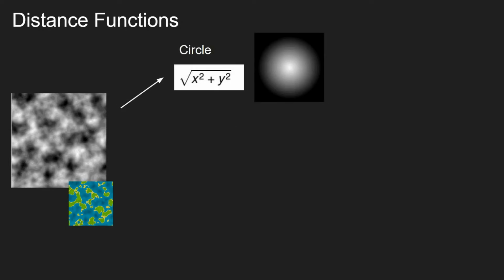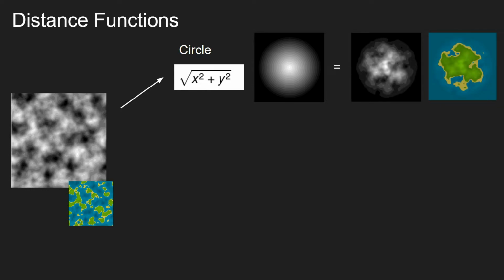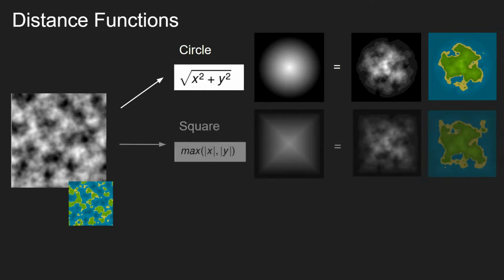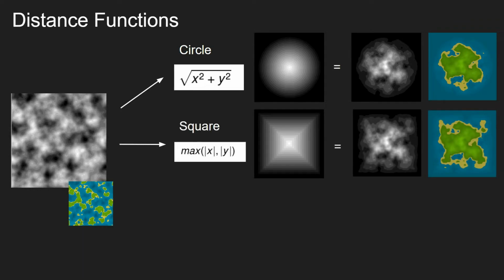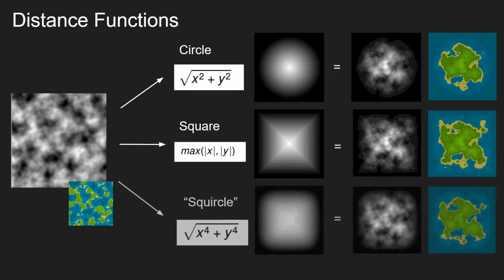For the falloff map, there are a lot of different distance functions that I can use. For example, I can use a circular falloff map that generates a more circular island, or a square falloff map, or a squircle. A squircle is a mix between a circle and a square.